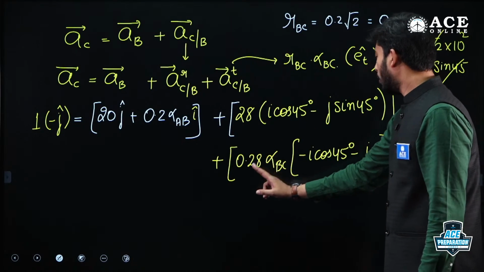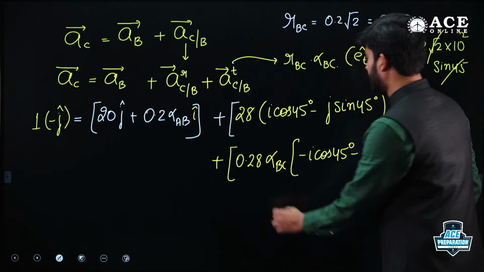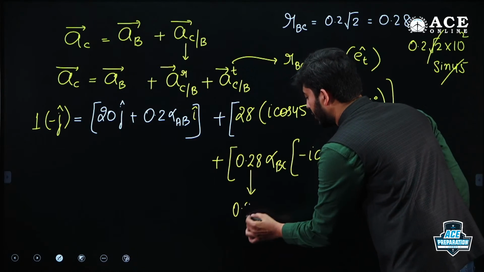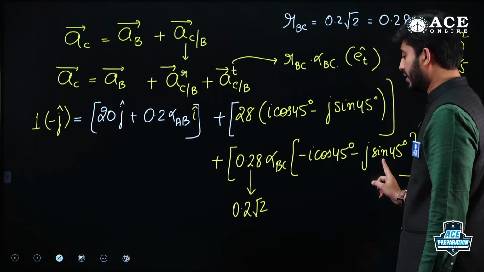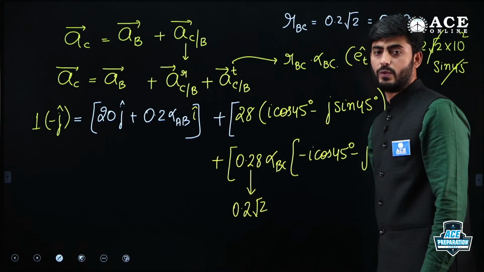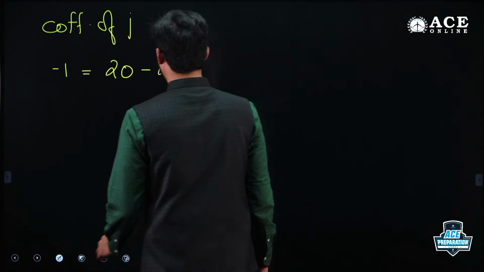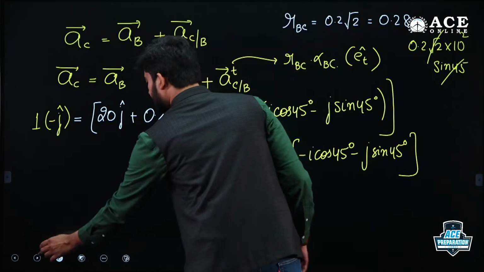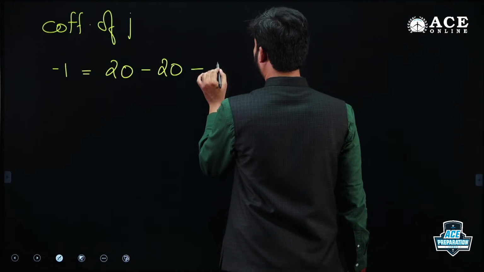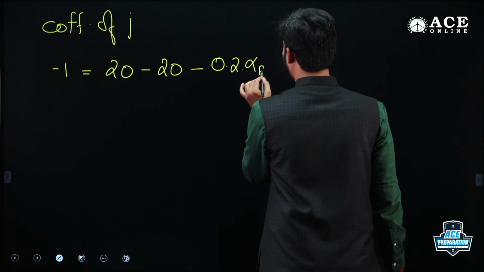Next is 0.28, which is actually the product of 0.2 into root 2, into j sin 45. J sin 45 means it is 0.2 once again, guys. So this will be minus 0.2 into alpha_BC.